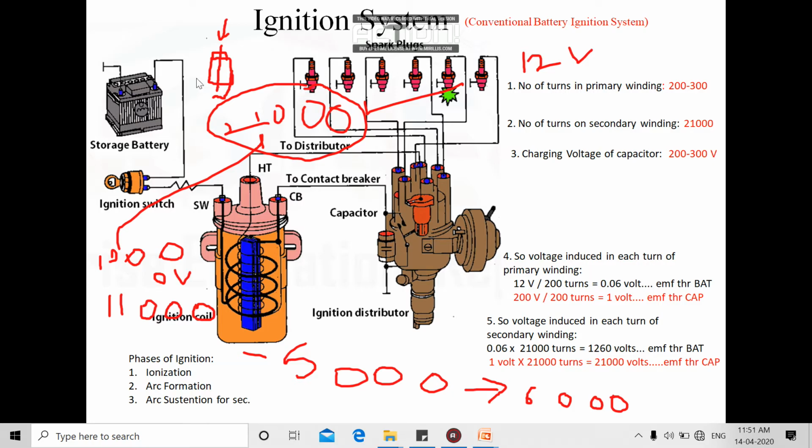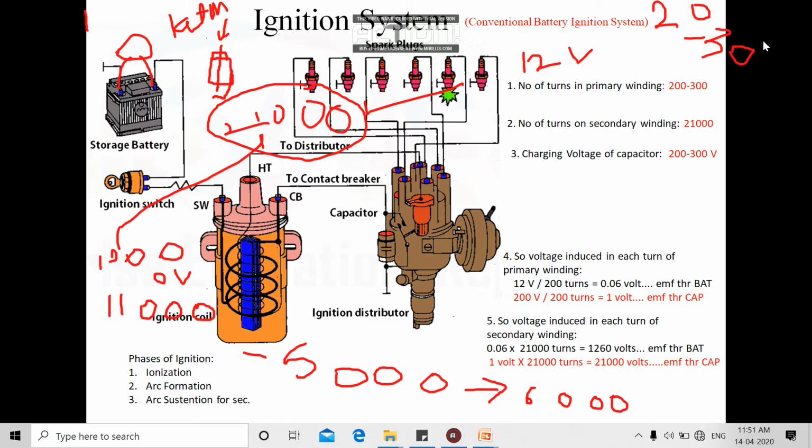We have seen that whenever we short two terminals of a battery in the atmosphere, a spark is generated, but that is possible at 1 atmospheric pressure, which is about 10 raised to 5 pascal, or 1 bar. Inside the combustion chamber during compression the pressure is about 20 to 30 bar, which is far higher than atmospheric pressure.